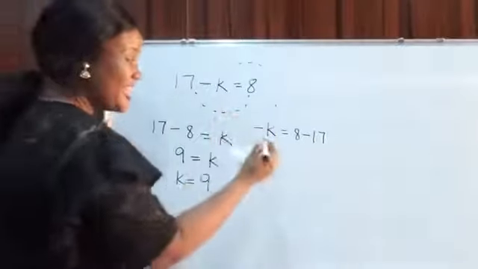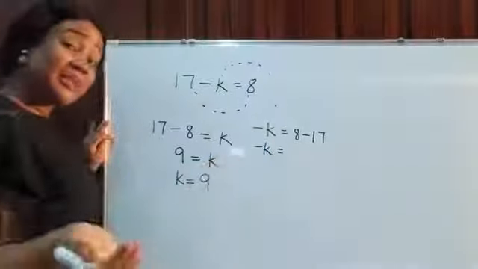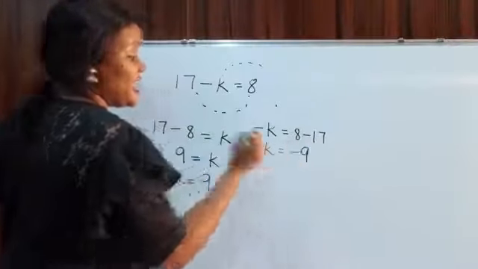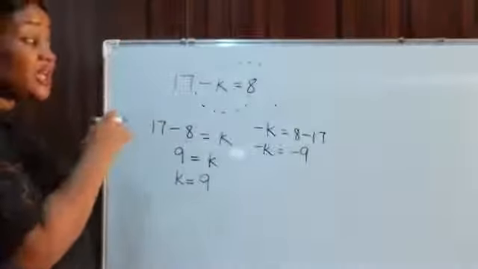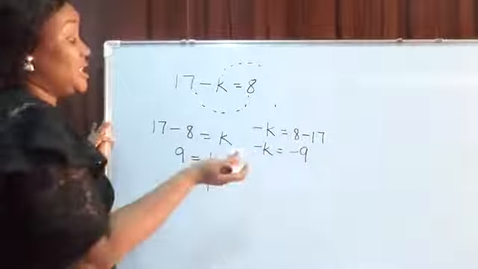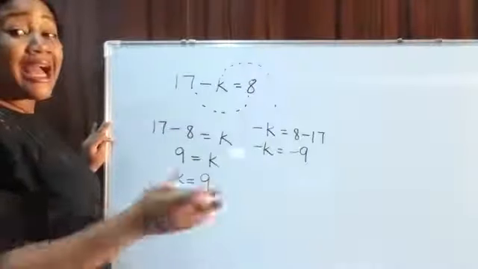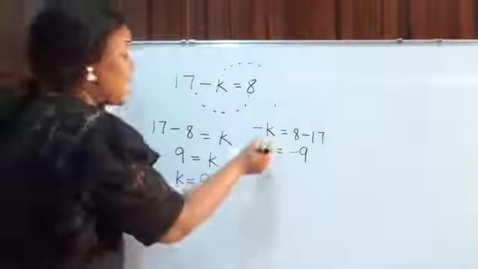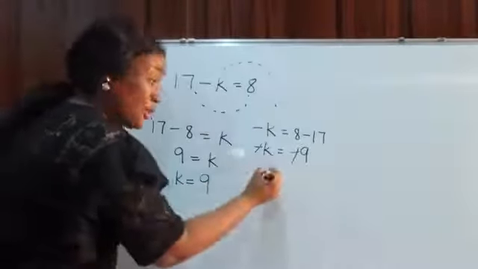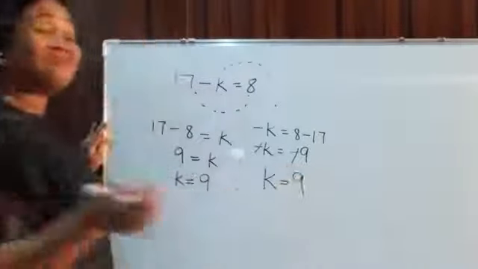You still have minus K equals, what's 8 minus 17? You have minus 9. Okay, if minus K is equal to minus 9, what do we do? You can divide both sides or multiply both sides by minus 1 and clean up the minus. We cancel out the minus, and we get K equal to 9.